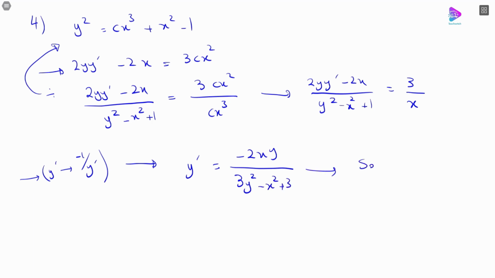And this is again solvable. That's how we can solve these equations and find the orthogonal trajectories.